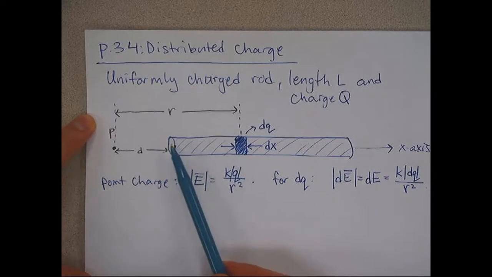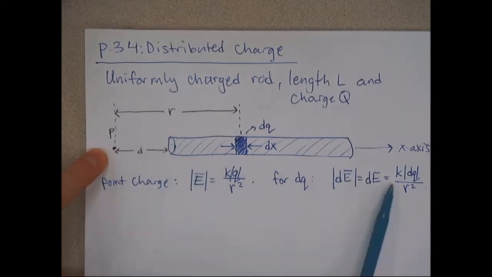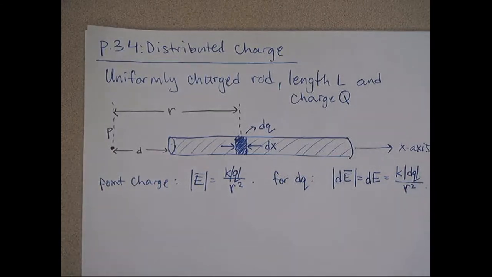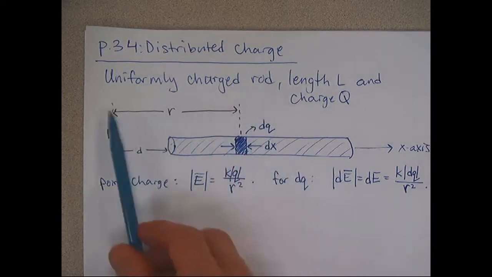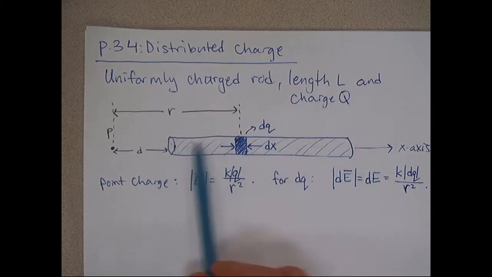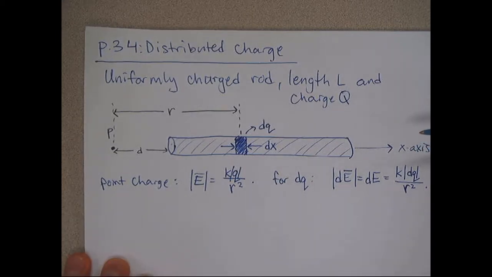Picking a dq which is at the end is going to tempt you to throw d into the variable distance r, and that will get you an incorrect result in the end. We need to allow for r to describe the distance to any location of a dq anywhere along the length of the rod.